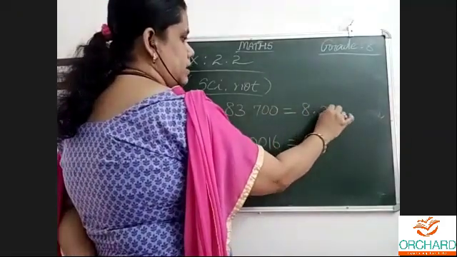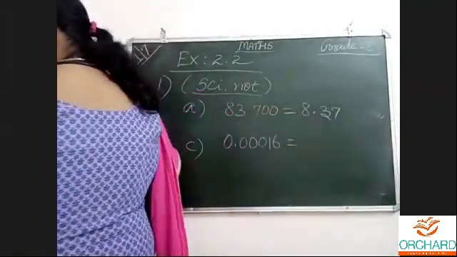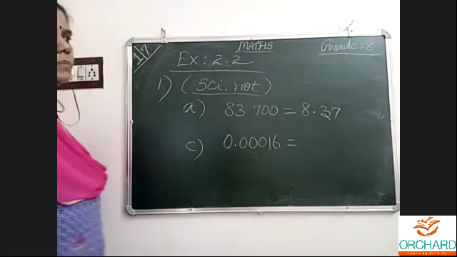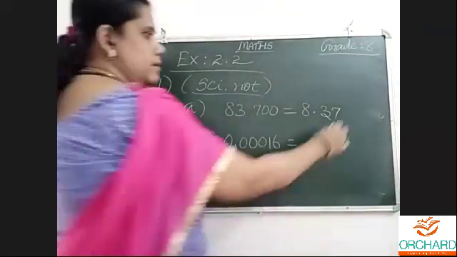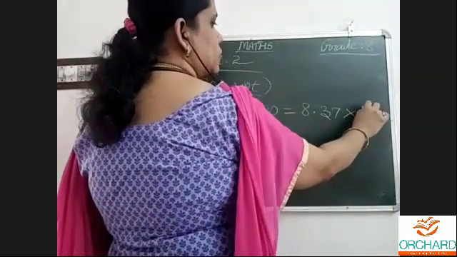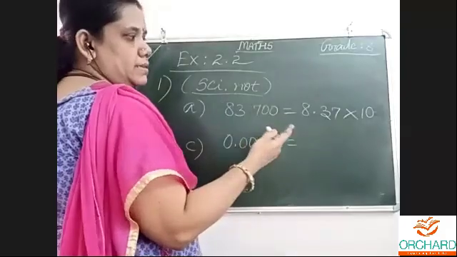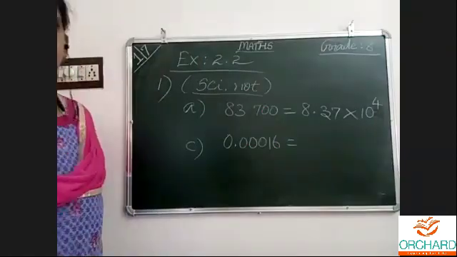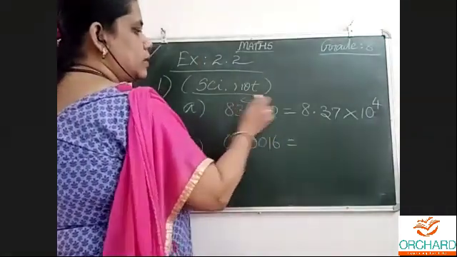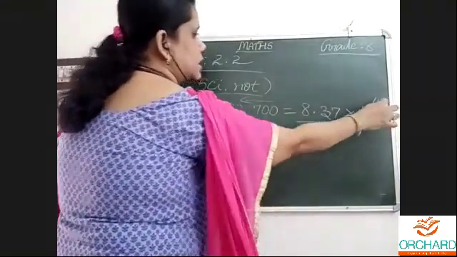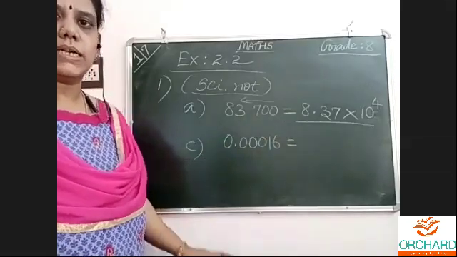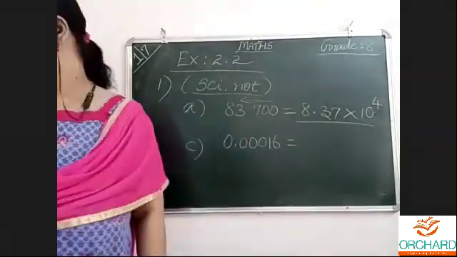So 8.37 multiplied by 10 power, what? How many? 1, 2, 3, 4. So 10 power 4. When we come from the last towards this side, the answer should be positive here. So this is the answer. For this we'll get 2 marks. Easy. Understood?